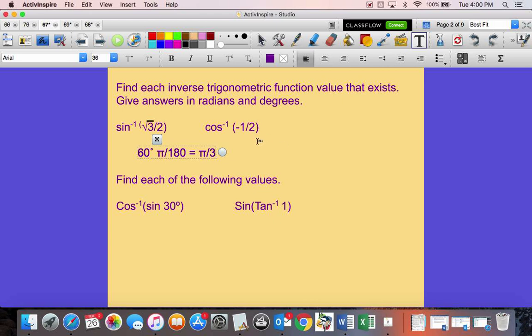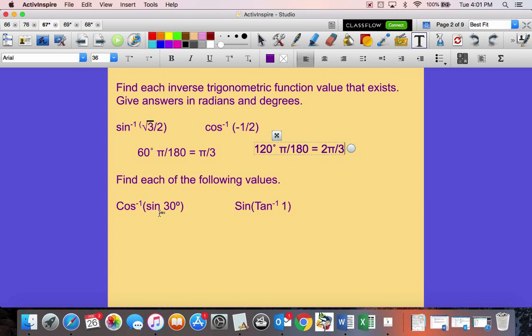When we go cosine inverse of -1/2, we can type that in the calculator, and we get 120 degrees. When we multiply that by pi over 180, we would get 2 pi over 3. The 60 would go into both the 120 and the 180. We'd have a 2 and a 3 left over.